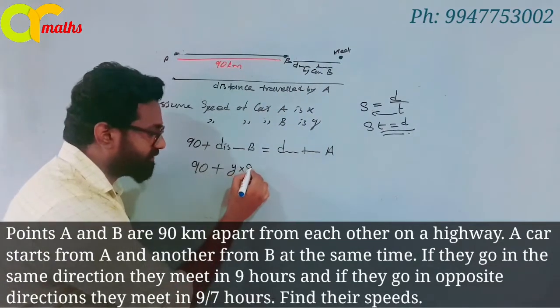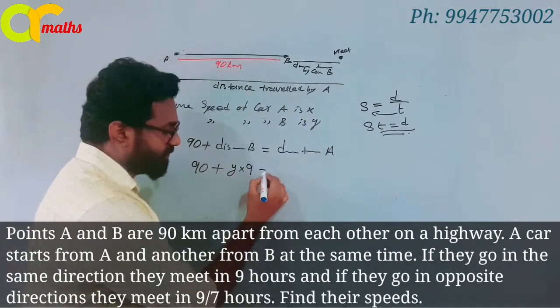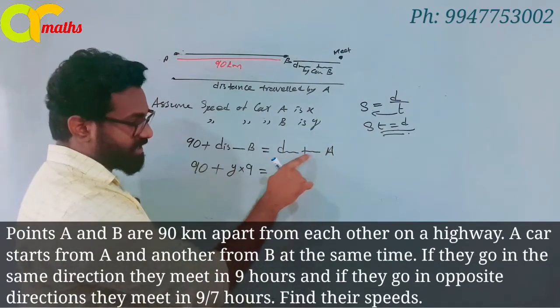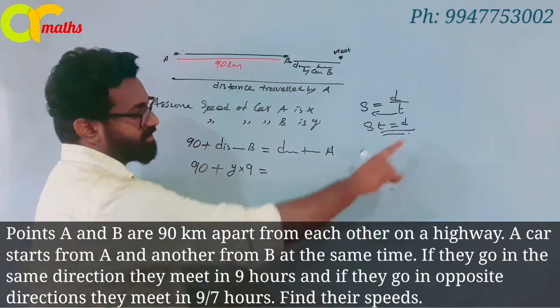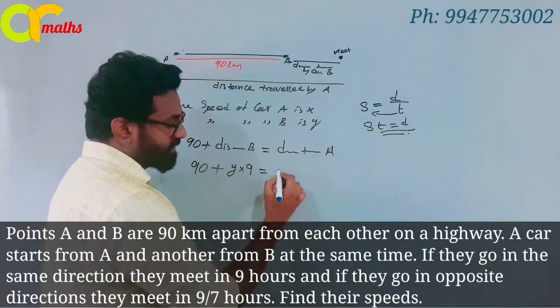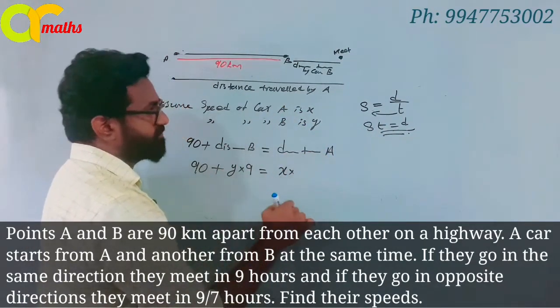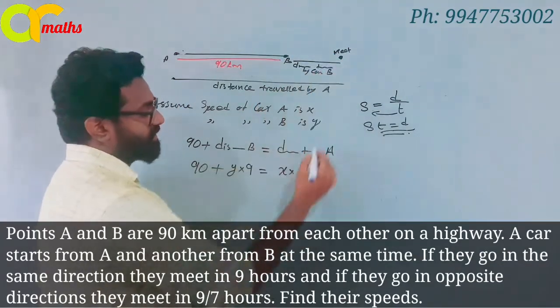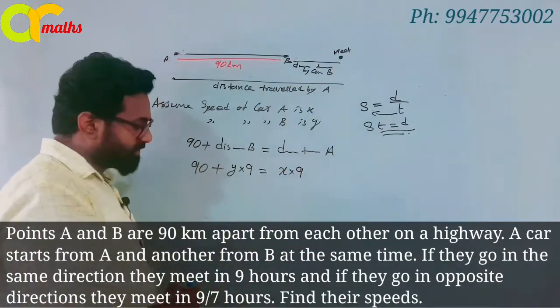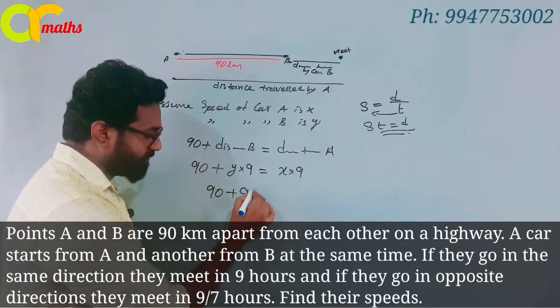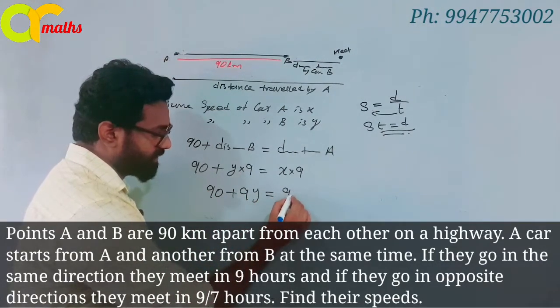So 90 plus 9y is equal to the distance travelled by A, which is the speed of A, x, into time 9. So you get the equation 90 plus 9y equal to 9x.